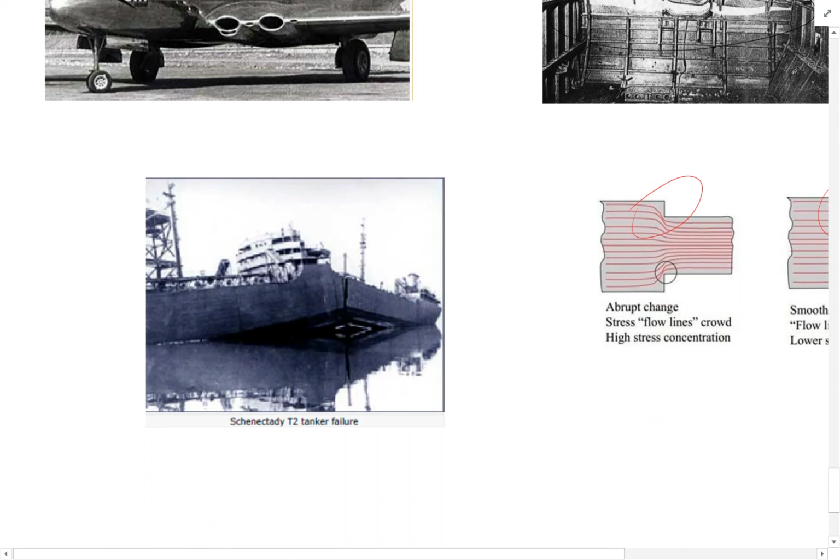Here's another one. This is a tanker, the Schenectady, that was sitting in port when it actually failed. And the ship is now 2 pieces, the back piece and the front piece, busted right in half. It's another classic example of fatigue failure.